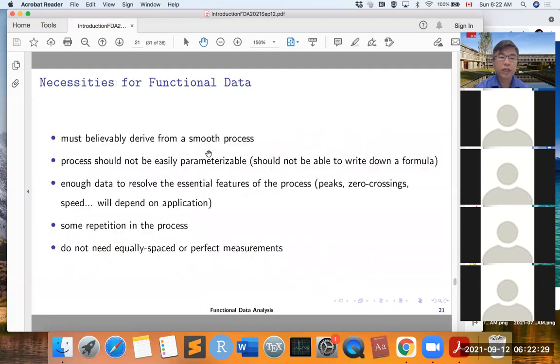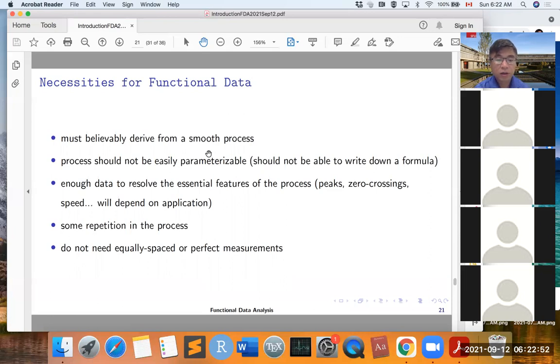So functional data analysis also makes some assumptions. The most common assumption is that the functional data are coming from a smooth process. So we want to assume that the function is smooth.